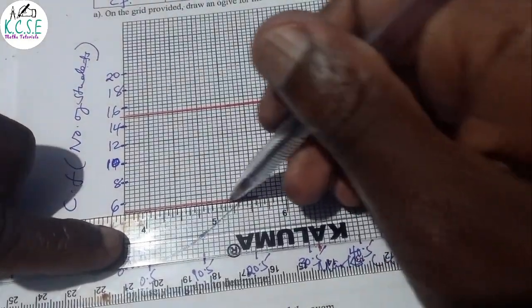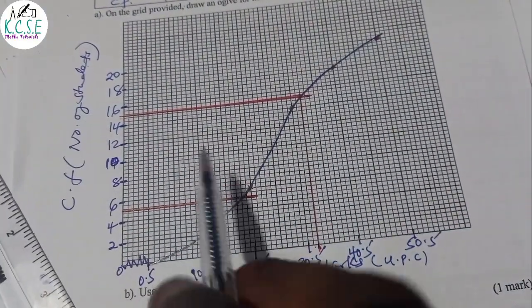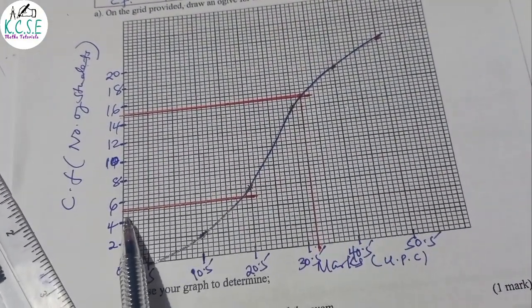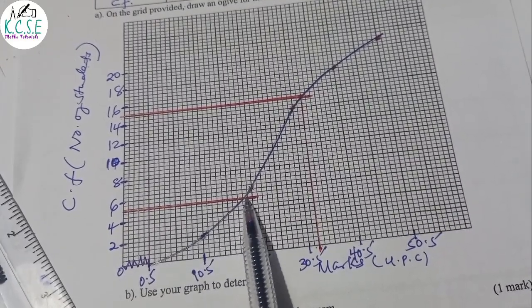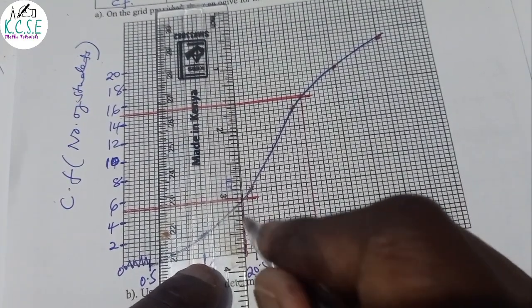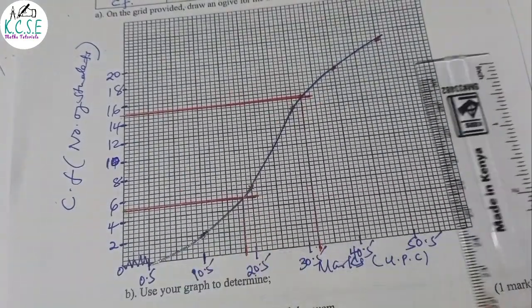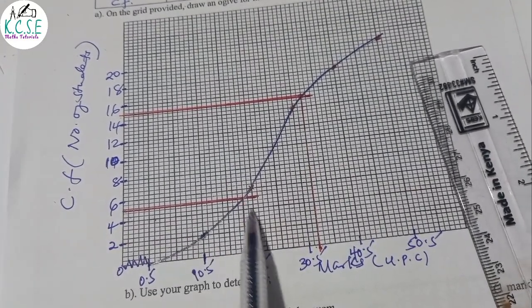So exactly at the center there. So this will be just by drawing a line that passes through the center. Then there's a point where it touches the curve. So you drop down like that. So from the fifth student, straight line to where it touches the curve, drop down.